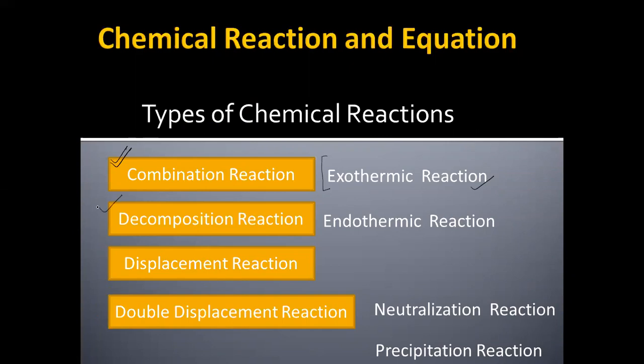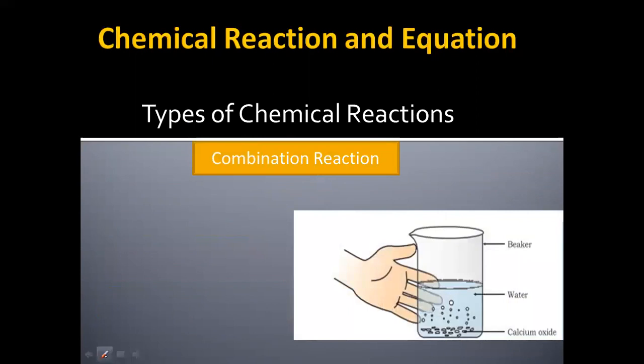Similarly, another type is decomposition, which has another category given simultaneously, the endothermic reaction. Then we have displacement and double displacement, and double displacement has the simultaneous categories of neutralization and precipitation. Let me move forward with the very first category, that is combination reaction.